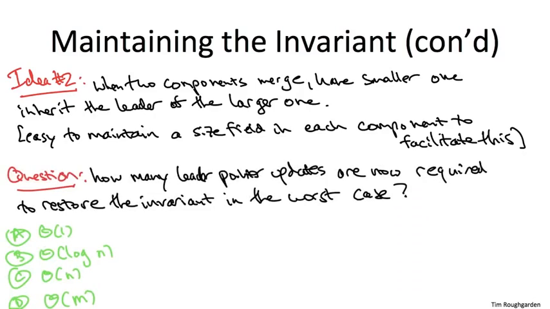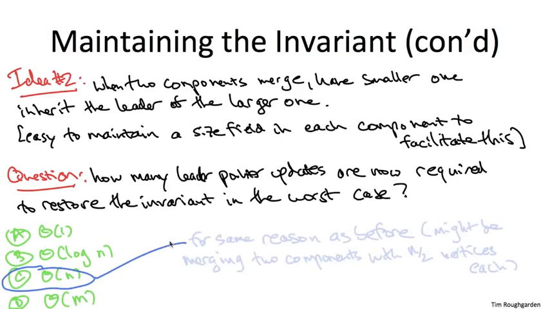So let me now revisit the question from the previous slide. In the worst case, given this optimization, how many leader pointers asymptotically might you have to rewire when you merge two components together? Well, unfortunately, the song remains the same. The answer is still the third one, for exactly the same reason as on the previous slide.